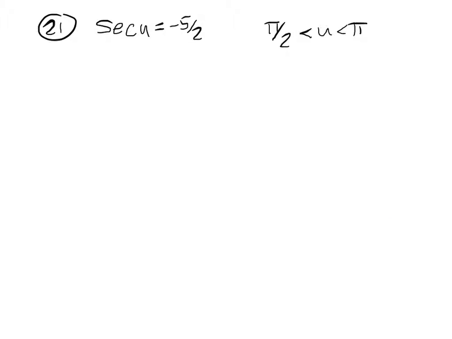Alright, so then for this next one we've got secant of u. That's going to be in the second quadrant. Now secant of u is that, so the cosine of u is -2/5. So that means adjacent is -2, my hypotenuse is 5. And then my other side would be 25 minus 4 is 21, square root of 21.